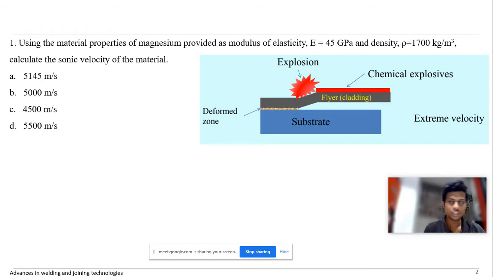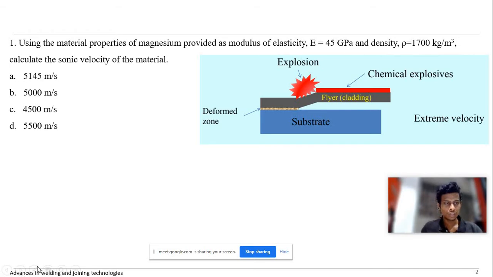I hope you know the formula, which is straightforward. The sonic velocity is equal to the square root of E by rho. E is given as 45 GPa and density as 1700 kg per meter cube.